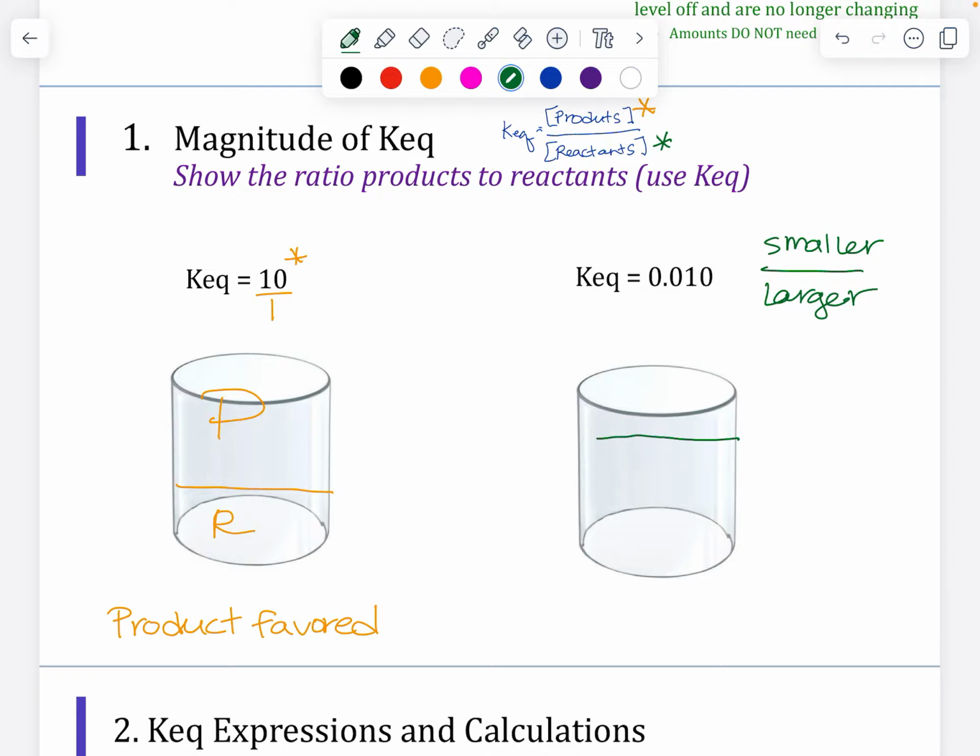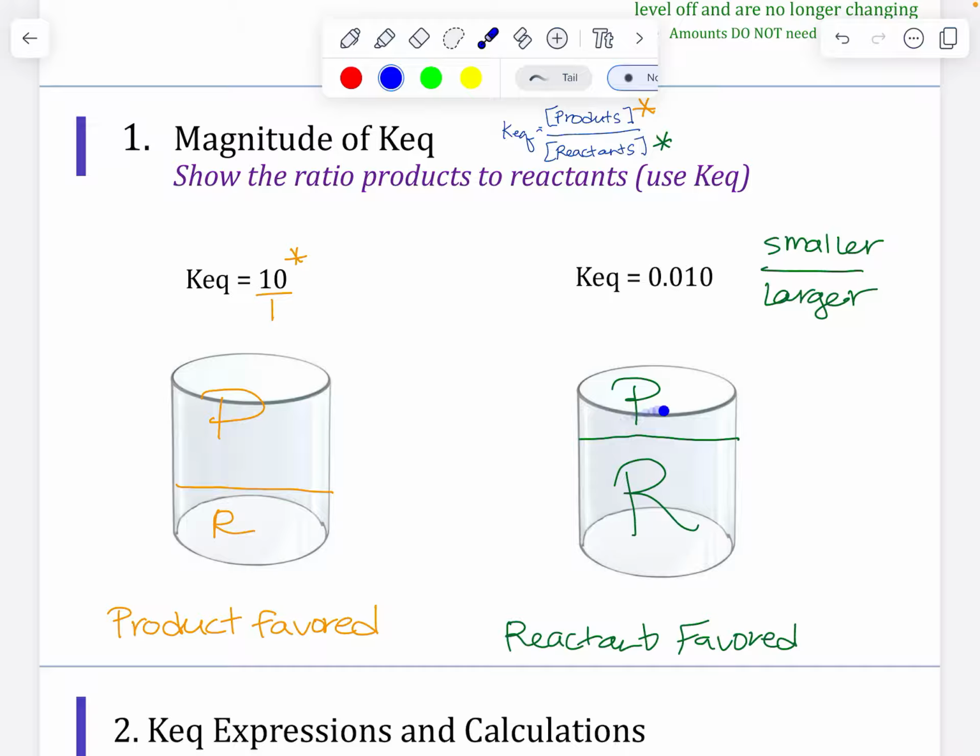And so I would have less products, more reactants, and this is a reactant favored equation. So if something's favored, we're showing that there's going to be more of that. You might demonstrate that in a little bit different way, but just showing there's more reactants than products once we've reached equilibrium.